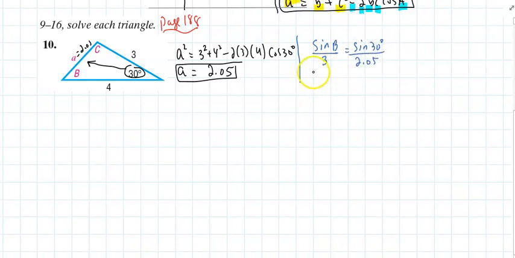I do want to also talk about this a bit. This is 3 times the sine of 30 degrees divided by 2.05.